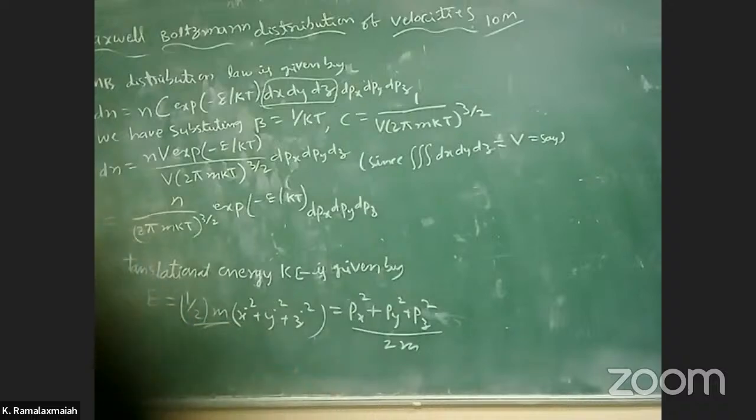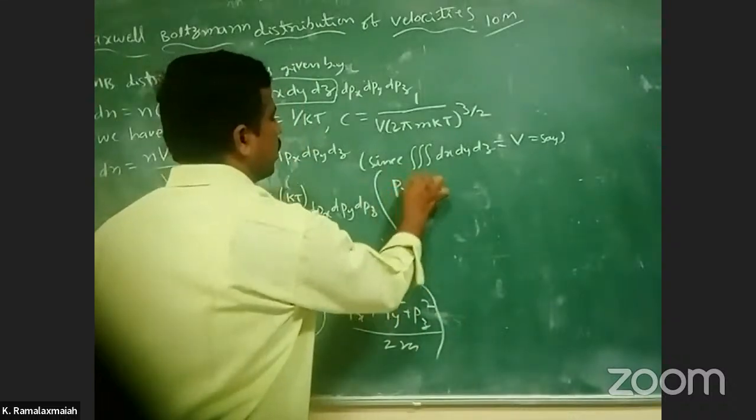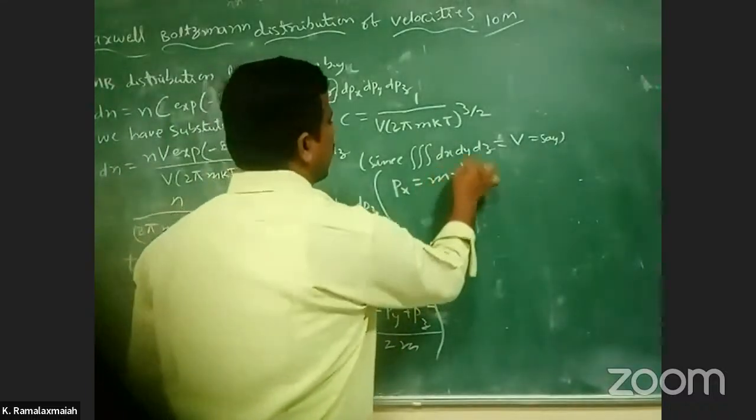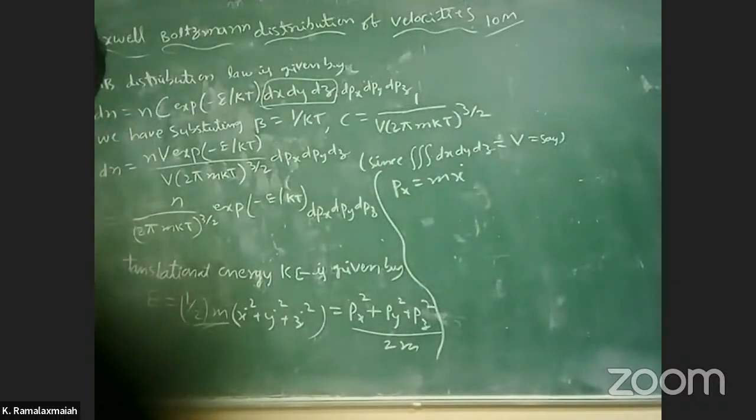So here px is equal to m x dot, so dpx is equal to m dx dot.